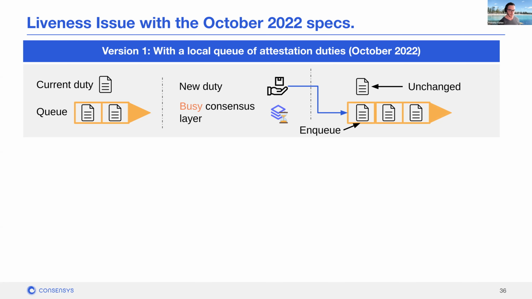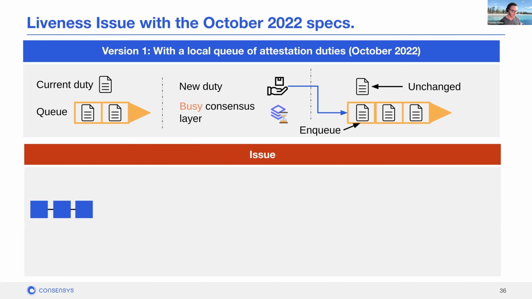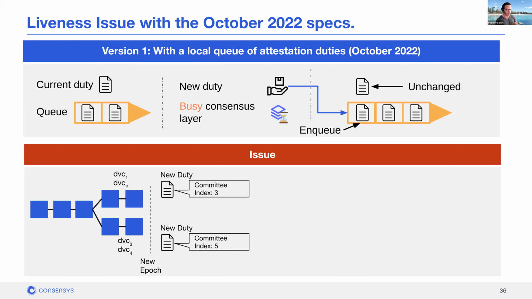However, what is the issue with this scenario? Well, assume that we have a chain, and at some point we have a fork in the non-finalized part of the chain. And assume that we have 4 validators, 2 validators on one side of the fork, 2 validators on the other side. This is the same situation where a new epoch is done. At that point, the new duties are created, but because there are two different chains, the commit index for the same validator could be different in the 2 different forks.